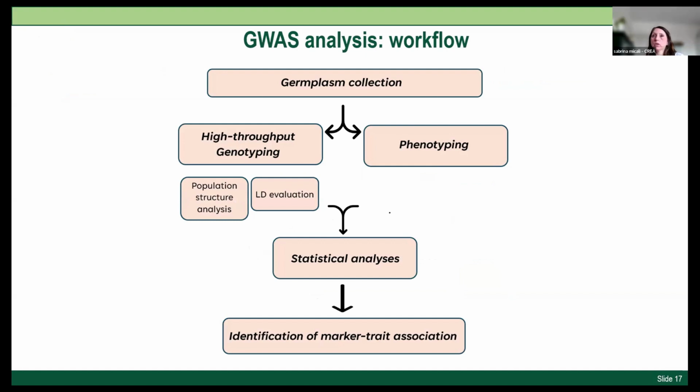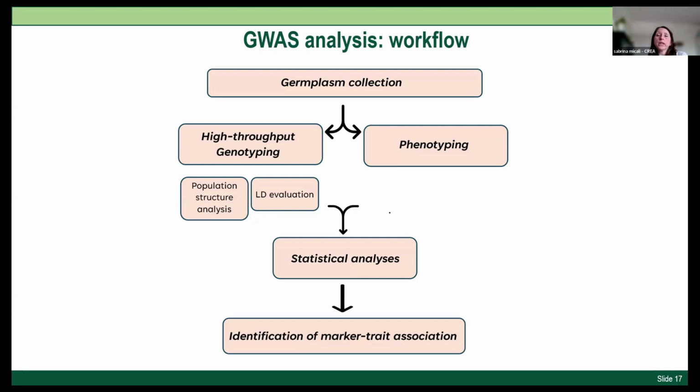So we have our germplasm starting panel or collection. We genotype them with SNP markers. So we do a high-throughput genotyping of the material. Through the genotyping, we can analyze our material to check for population structure and for evaluating linkage disequilibrium.